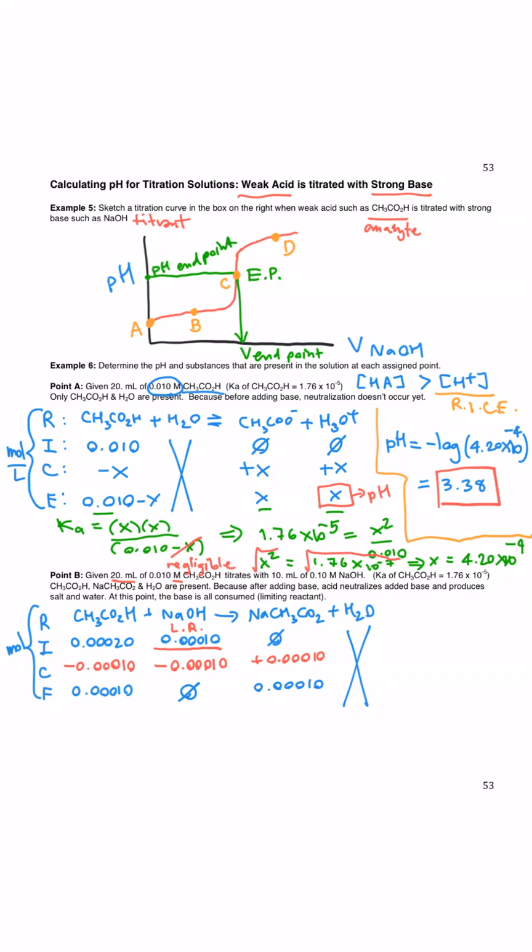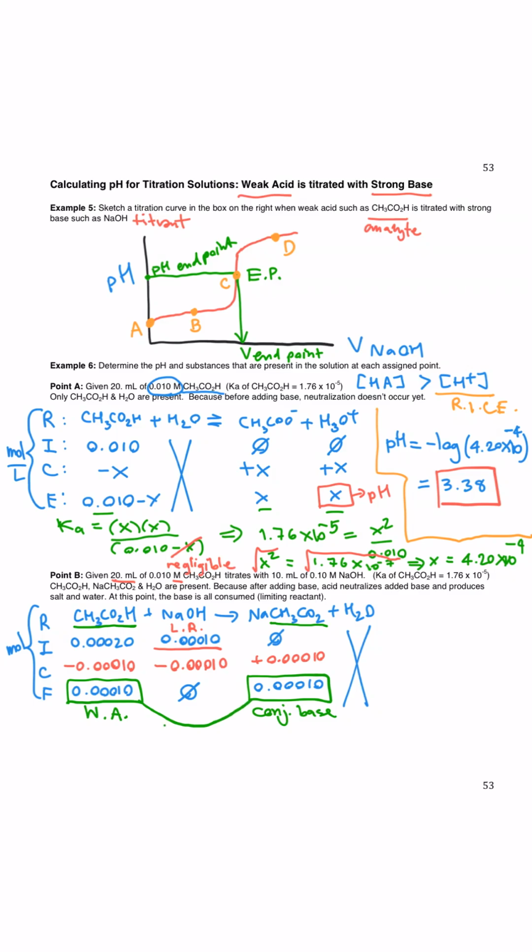If you look at what is left in the solution, you will see that the solution has weak acid left. And this solution also has its conjugate base in the form of salt as well. As we see, this conjugate base contains CH3CO2 that has one less proton than acetic acid. So in this solution, we have a weak acid and its conjugate base.